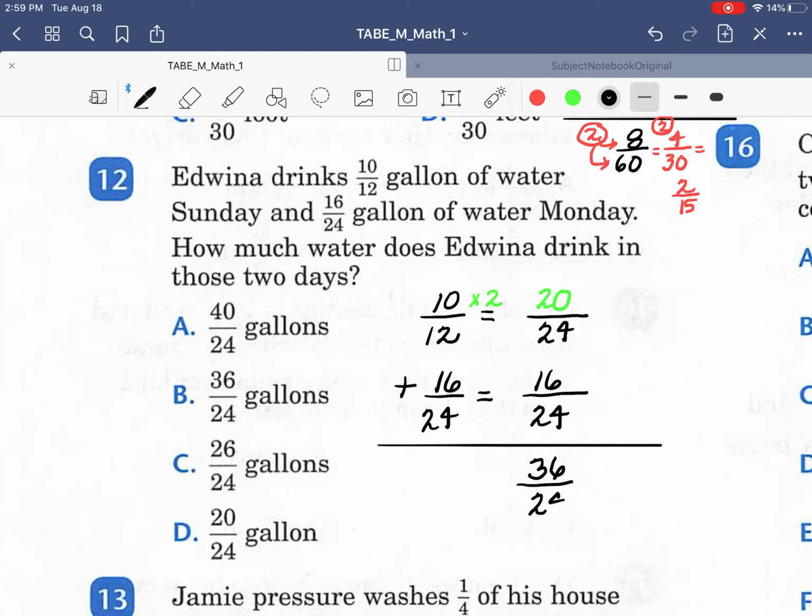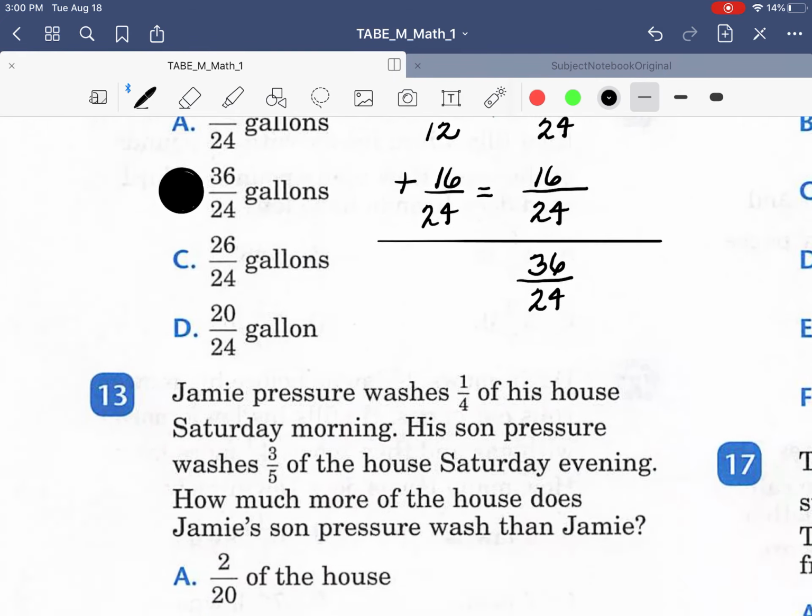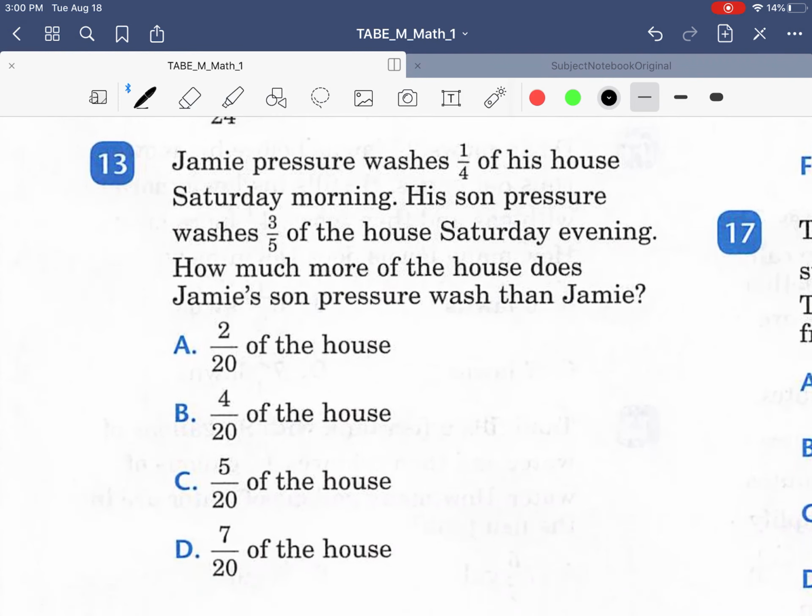And then I can add these to get 36 24ths. And that is answer B. Number 12 is B. I do realize that's improper, and my teachers would never have let me leave that as it is. But this is what this book wants, and that's okay. We'll do what they ask us to do.